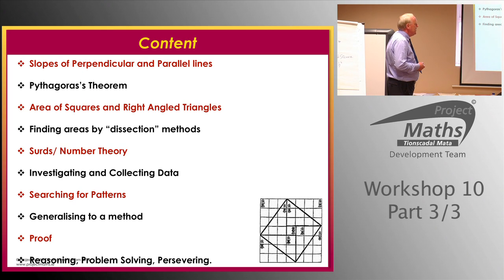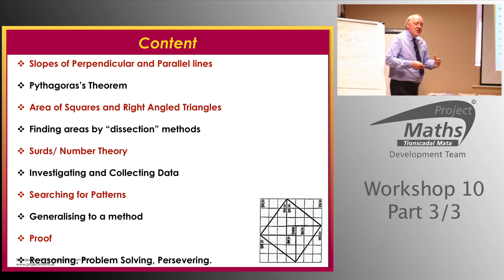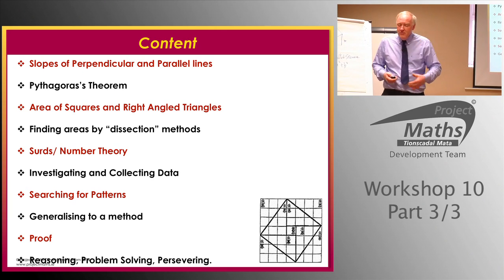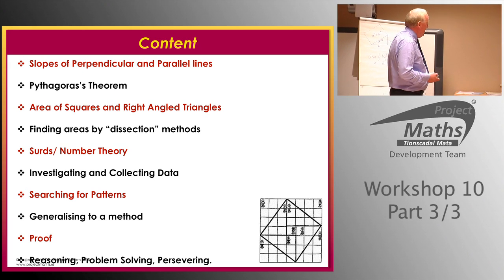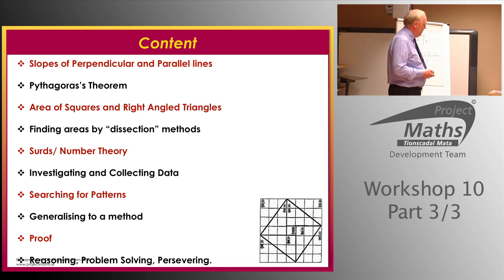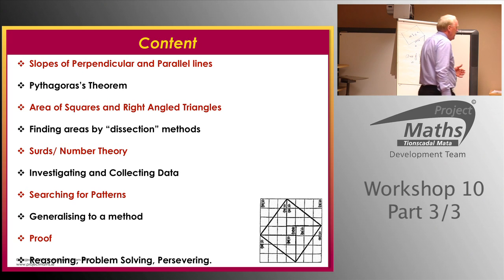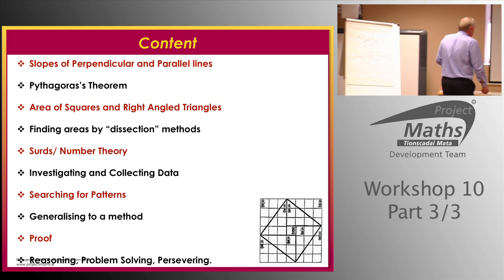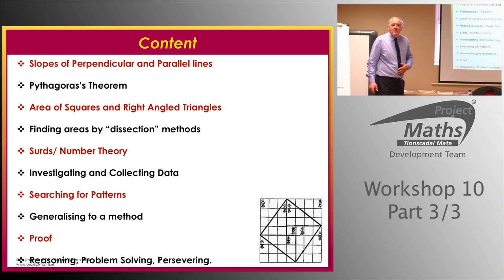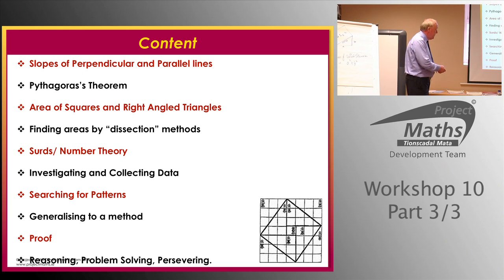Finding areas by dissection methods. Surds and number theory we used there. Investigating and collecting data. Searching for a pattern. Generalizing to a method. We went along and built the thing up, and we had an attempt at a proof. And of course there was reasoning, problem solving and persevering.